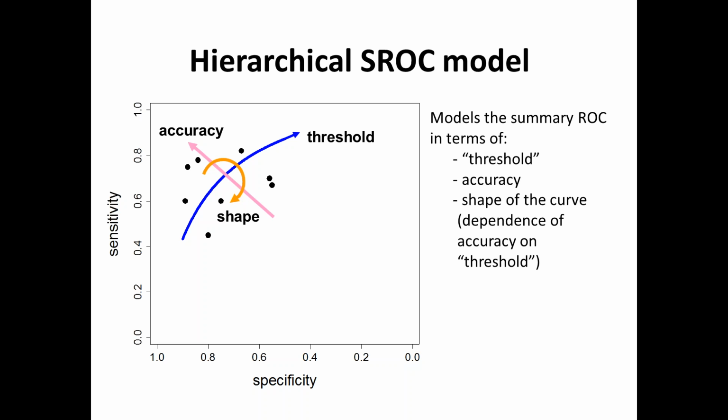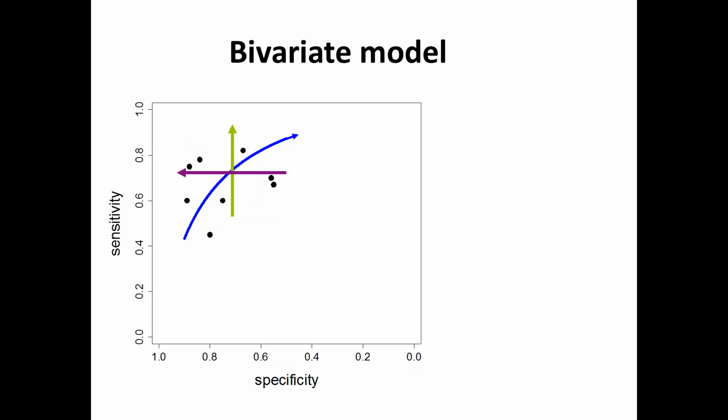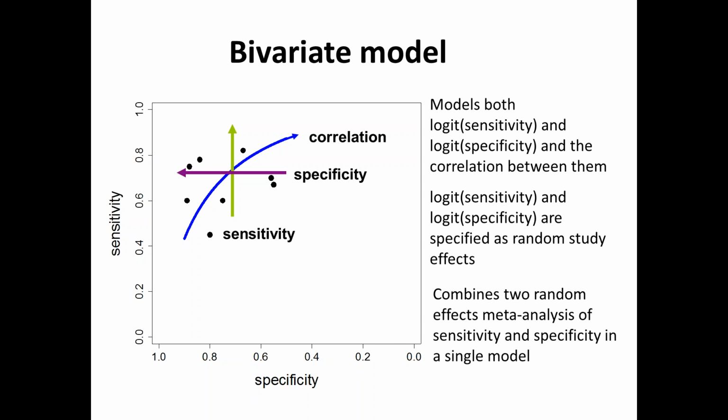And this shape allows for dependence of accuracy on threshold. Accuracy and threshold are both specified in the model as random effects. The bivariate model, on the other hand, models sensitivity and specificity as well as the correlation between them. So you can think of the bivariate model really as being a combination of two random effects meta-analyses of sensitivity and specificity in a single model, and including the correlation term in the model allows us to do this jointly to account for the relationship between the two.